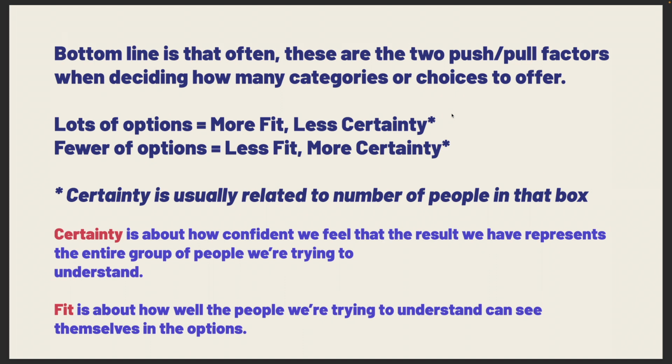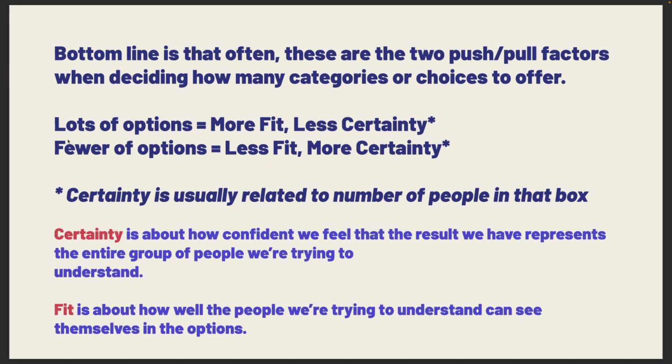So if you ask 2 people, you're going to be less certain that the results from those 2 people are an accurate representation of all of your bisexual clients. But if you ask 20 people who identify as bisexual, you're going to feel more certain.